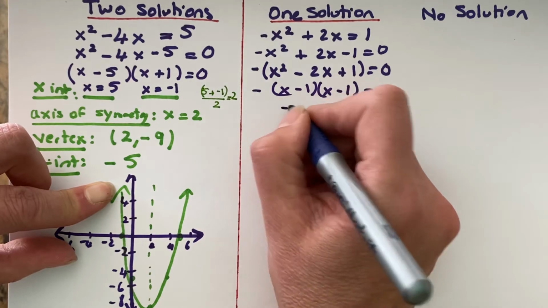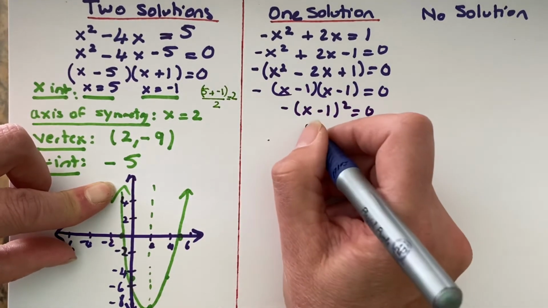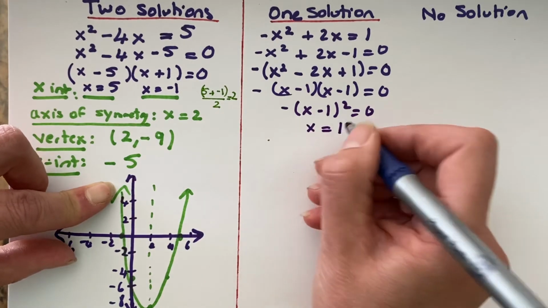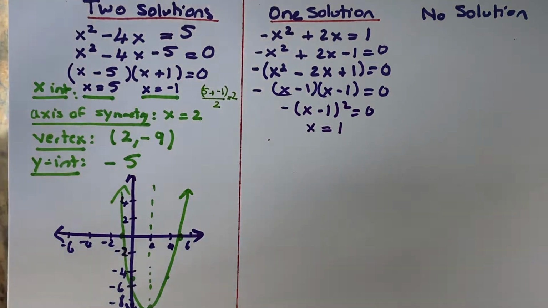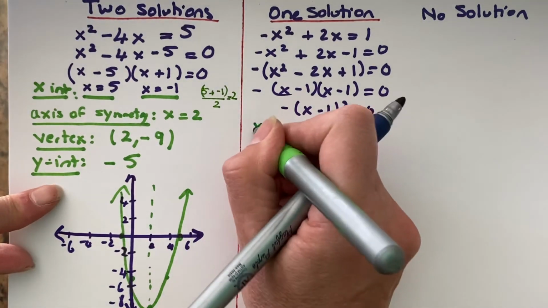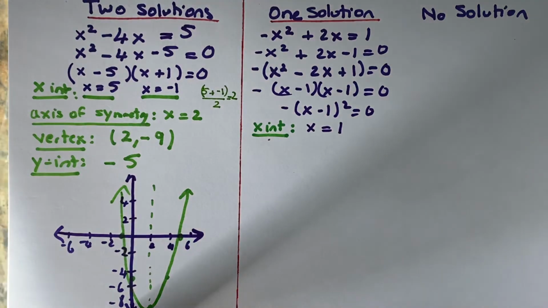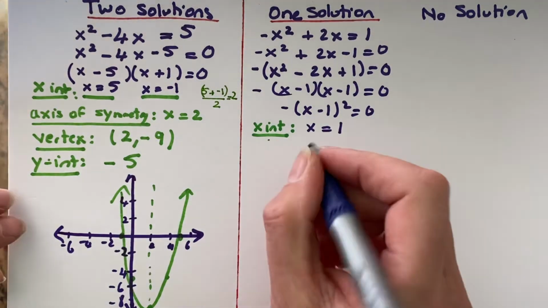But this is what this would have looked like. I only have one solution, and that solution is x equals 1. So my x-intercept is x equals 1, right? All right.